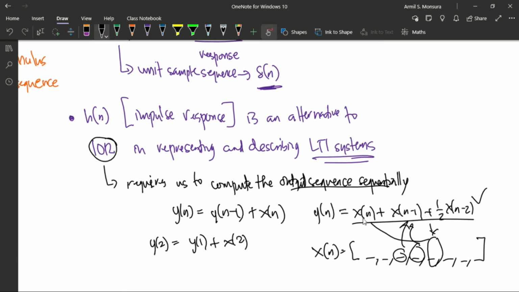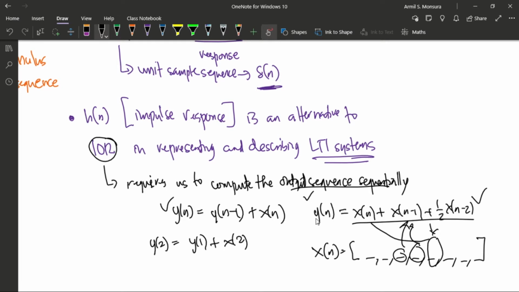Okay? So but essentially, okay, kahit na whether your IOR is this or is this, still pag in-implement nyo yung IOR as an algorithm, okay, it would still compute the output sequentially. Okay?